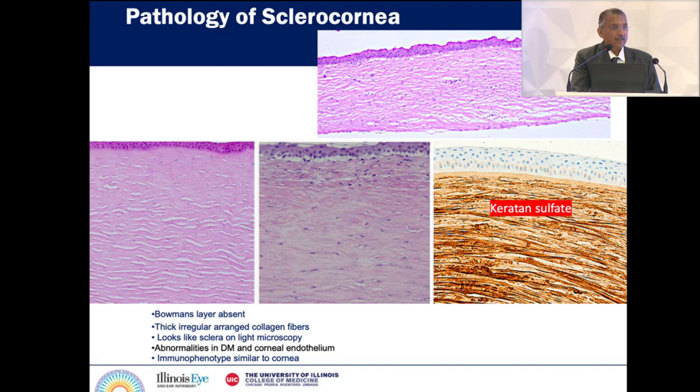The scleral immunophenotype is not there because sclera contains different molecules, but it's really cornea which behaves like sclera, and we know it because of the keratan sulfate content. So we've seen several cases like this and published several case reports on different types of sclerocorneas, and the immunophenotype is very similar.